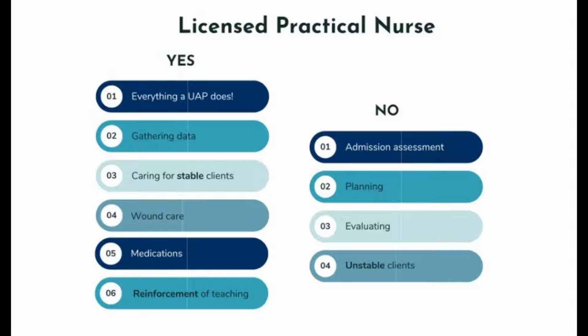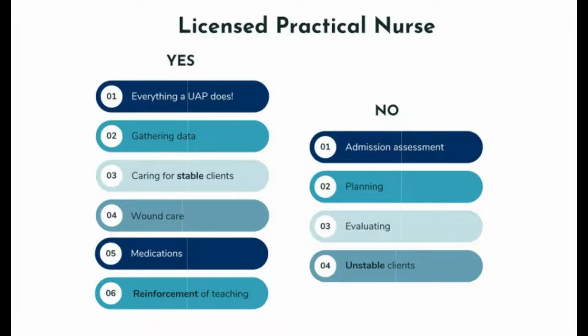Neither can they evaluate. They are also not allowed to care for unstable patients. What have I said? The things they cannot do: they cannot carry out admission assessment, planning, or evaluation, and they cannot care for unstable patients.